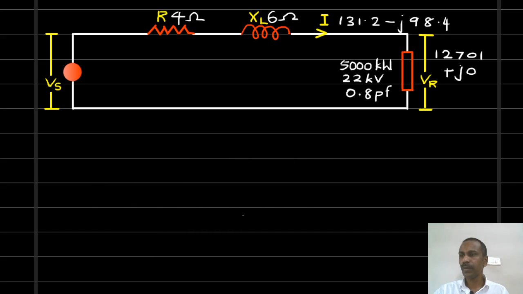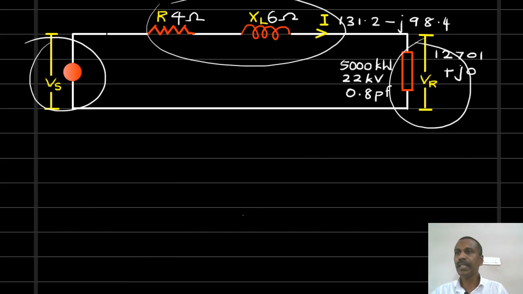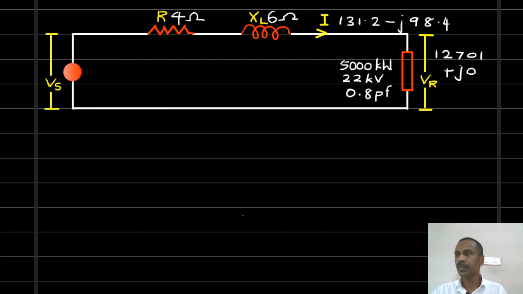Now we will find out the sending end voltage. The sending end voltage equals the receiving end voltage plus the line drop. So Vs equals Vr plus the line drop, which is current into the impedance.